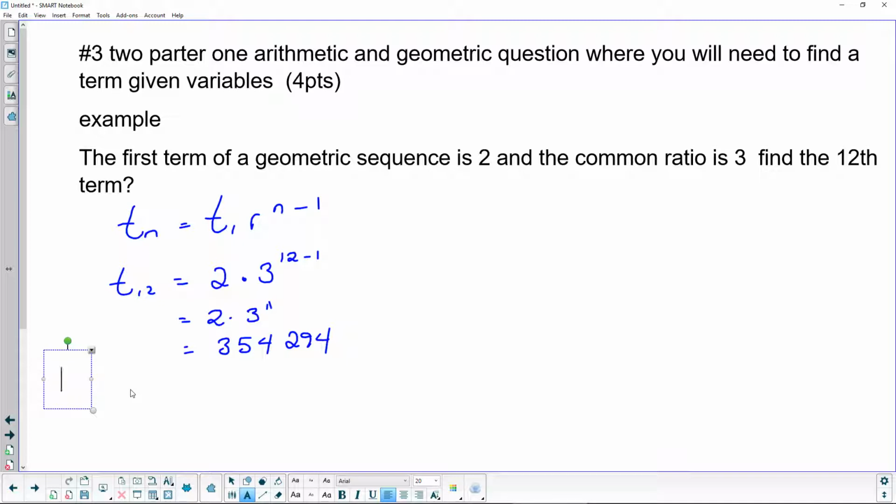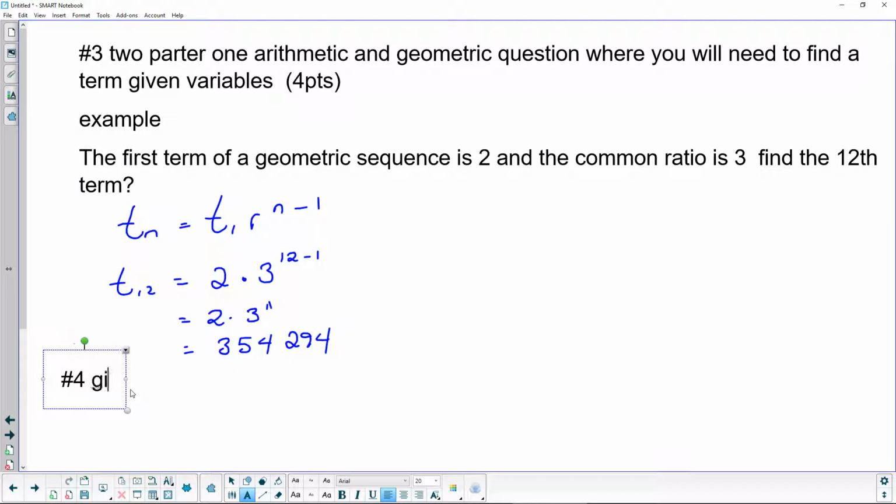So this is number 4. And what I'm looking at in number 4 is you're going to be given 2 terms of the sequence, and you're going to have to find T1 and R or T1 and D, depending on if it's an arithmetic or a geometric sequence. So this is the 2 unknowns, 2 equations.